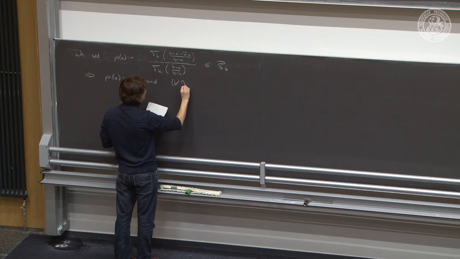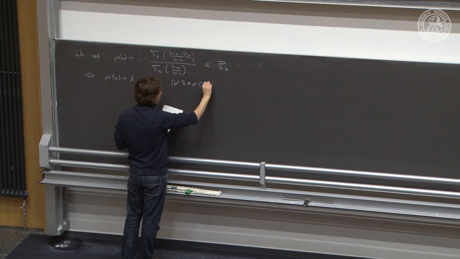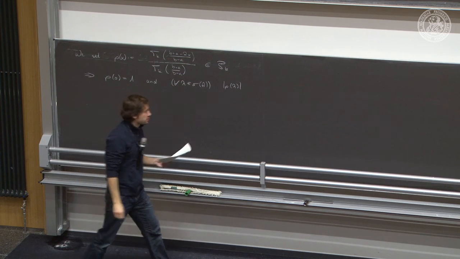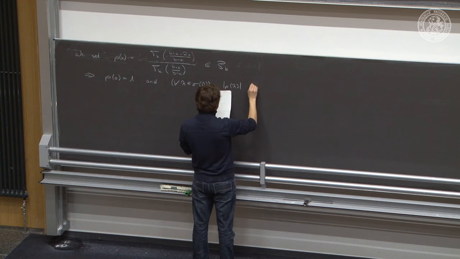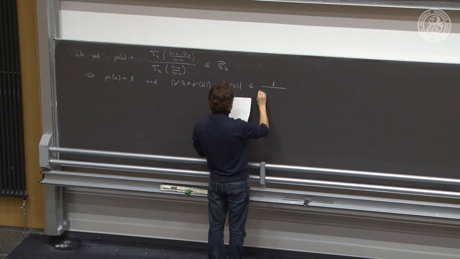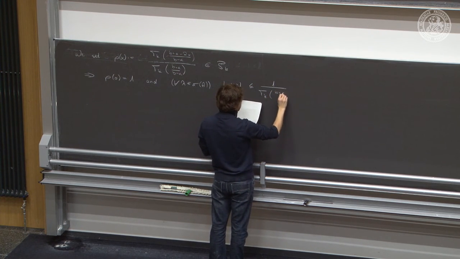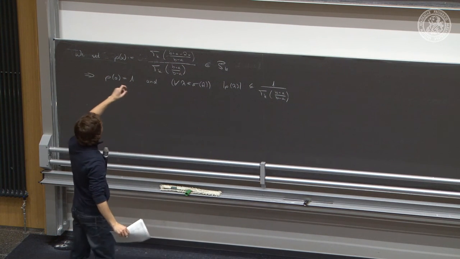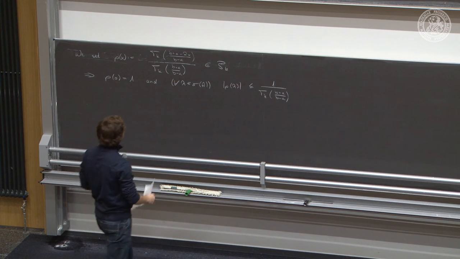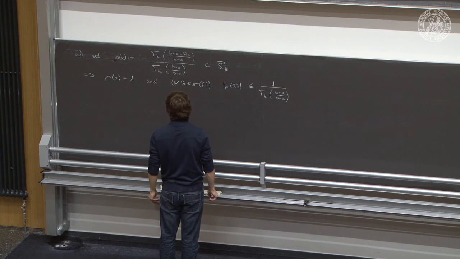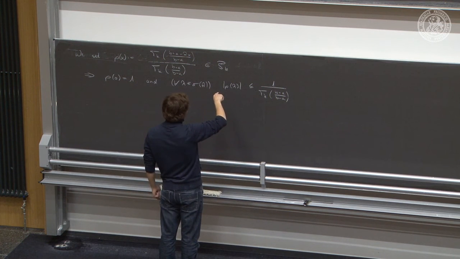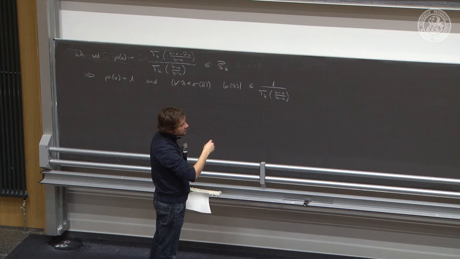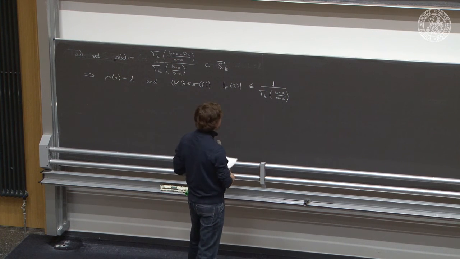For each eigenvalue lambda in the spectrum of A, we can estimate this polynomial evaluated at this eigenvalue by 1 over T_k((B plus A) divided by (B minus A)). And this is exactly the positive number r of the previous theorem, with which we can estimate our error in the energy norm.